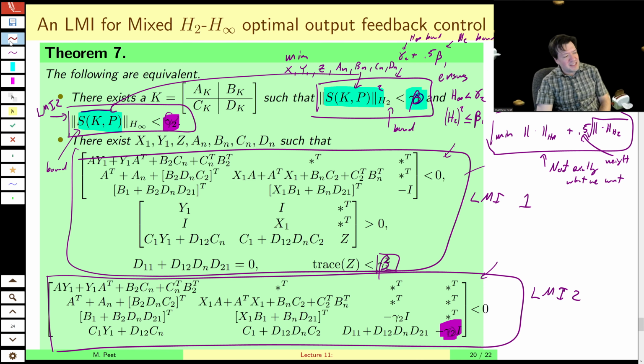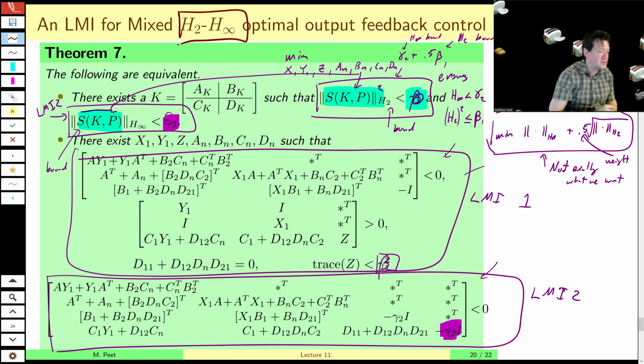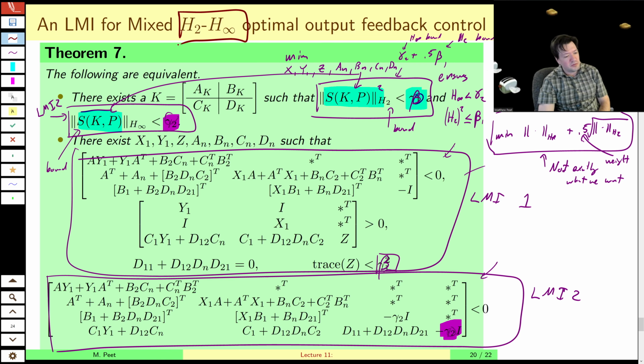We can't exactly do mixed H2 H infinity optimal control, which is what we're trying to do, but if you do this, at least the H infinity norm and the H2 norm will be under control. They'll have reasonable values. So it's somewhat of a heuristic.